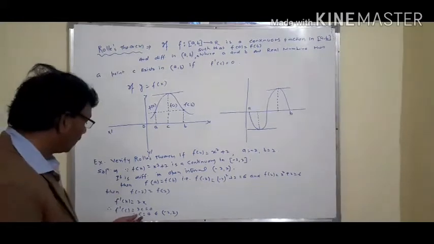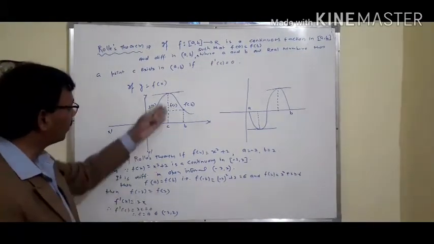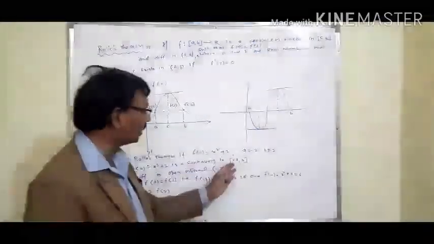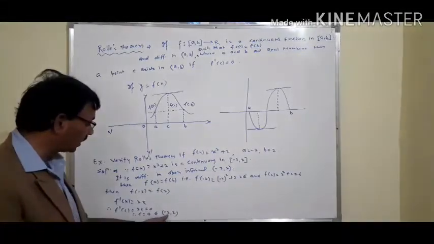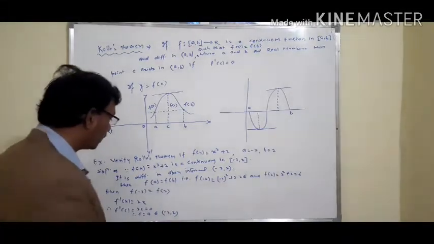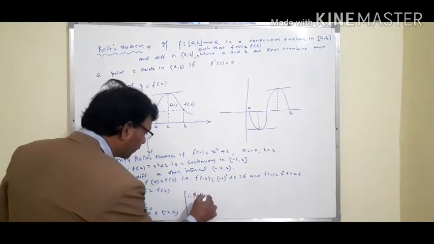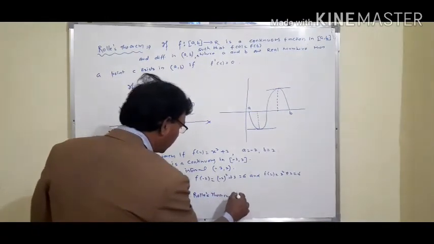That means whatever value of C you get, which is the critical point, should lie between the given interval -2 to 2. Since you can see here C equal to 0, which lies between -2 to 2, therefore Rolle's theorem is verified.